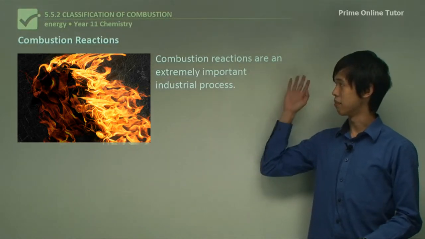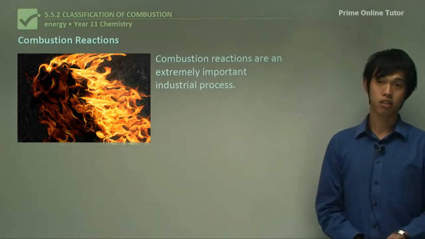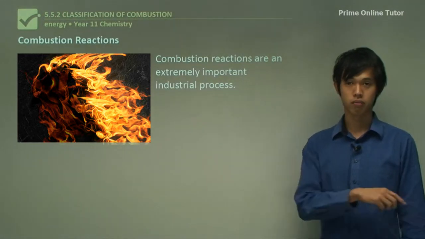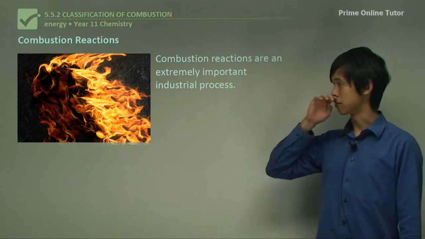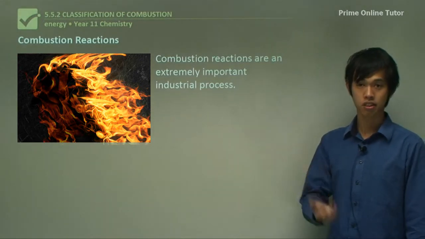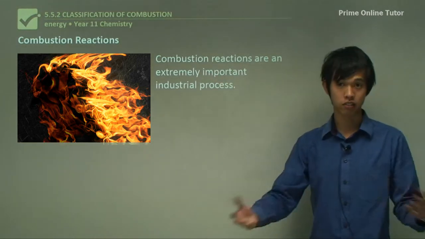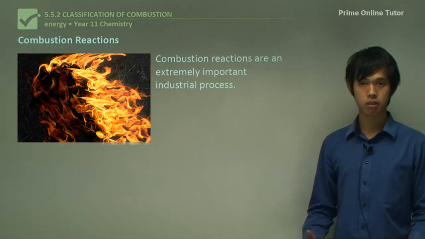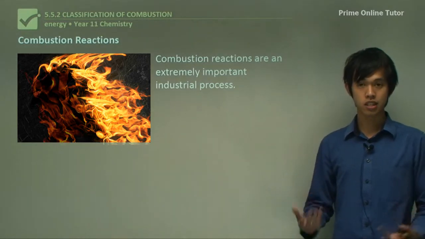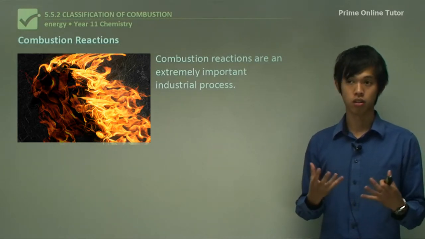If you want to generate electricity, you'd use combustion. In your car, you use combustion to move from place to place, and trucks and planes also use combustion. So combustion reactions are pretty much everywhere already. The reason they've become so big is because it's an easy way to get energy from place to place, because chemicals can store a lot of energy for us.